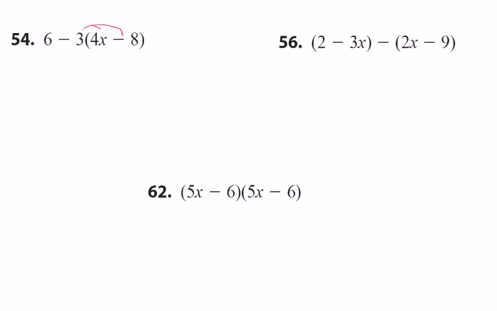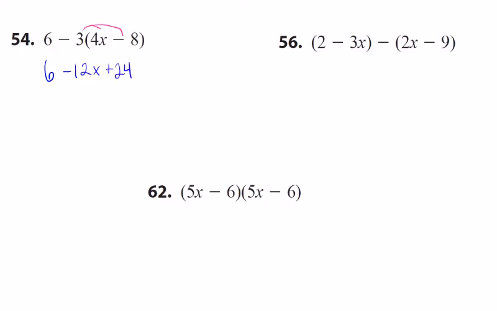Okay, so let's try 54. I'm going to distribute this negative 3. The 6 is just going to stay where it is and wait for everything else to happen, because we do have to multiply before we can add and subtract. So that's why I'm multiplying negative 3 first. When I multiply negative 3 by 4x, I get negative 12x. And then negative 3 by negative 8 is positive 24.